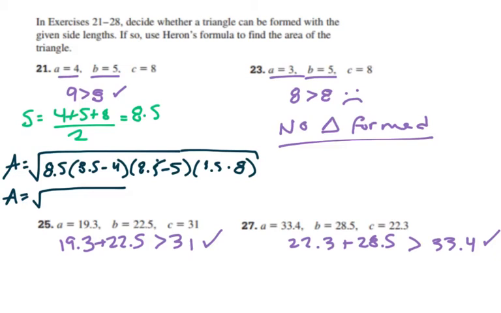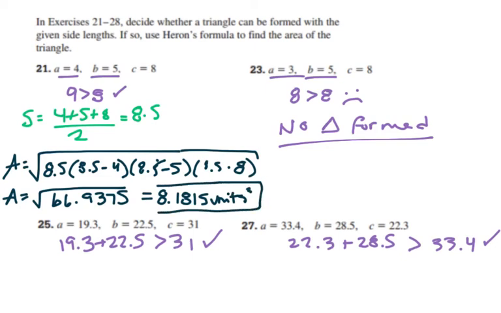Alright, so we have square root of 66.9375, meaning 8.1815. Doesn't say anything about units, so we'll just write the word units squared for area, and there's our solution.